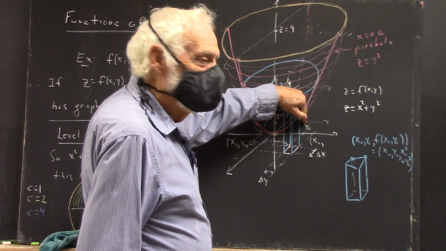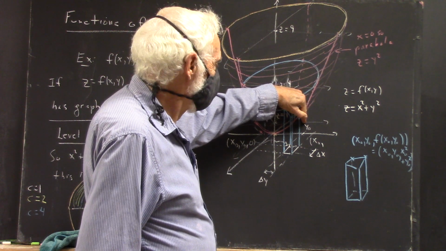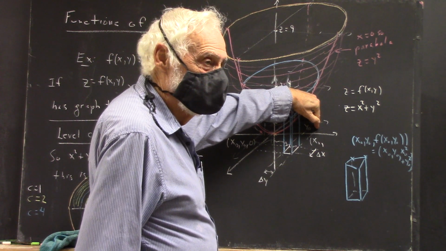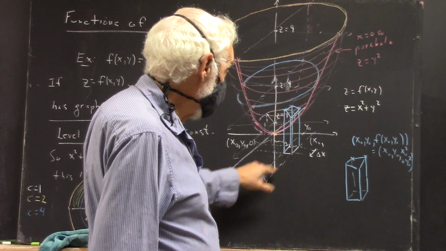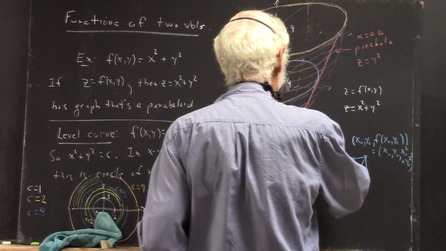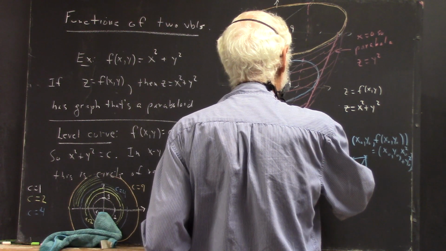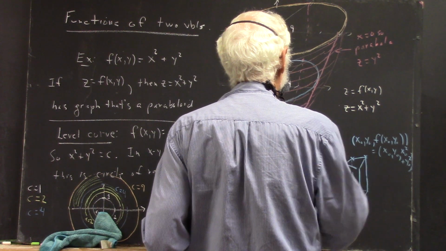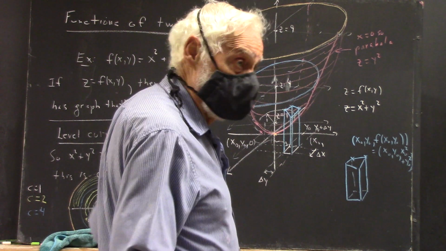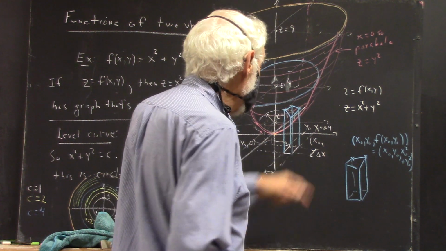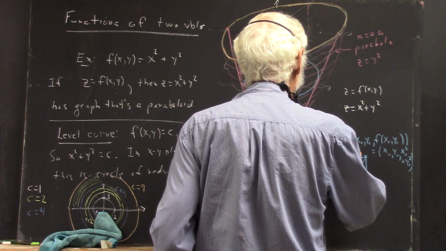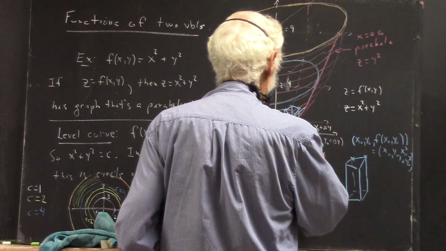That's terrible. Okay, so what's the coordinate here? Well, you got delta y between here and here, right? So what's the coordinate? It's y naught plus delta y. Similarly, we got x naught here and x naught plus delta x here. So the coordinate here is going to be y naught plus delta y.